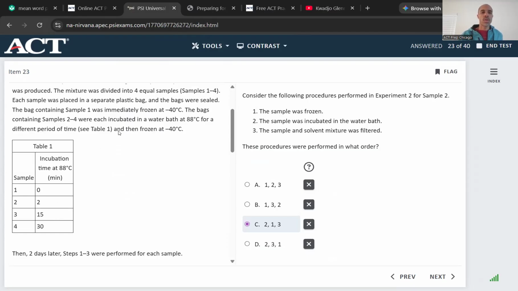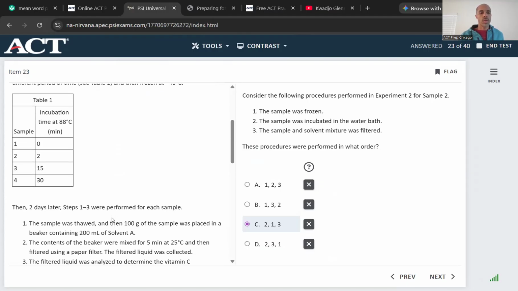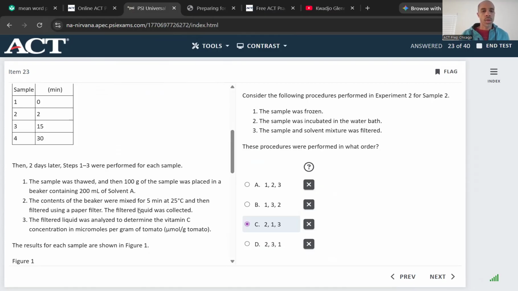Then they froze it. Samples 2 to 4 were incubated in water for a different period of time and then frozen. 2 days later, the sample was thawed, and then 100 grams of sample was placed in a beaker containing solvent, and the solvent mixture was filtered. Yeah, and then filtered. So that's the last thing. So yes, it was 213.